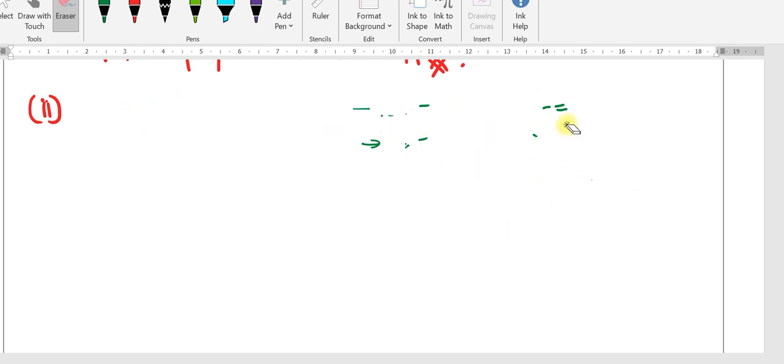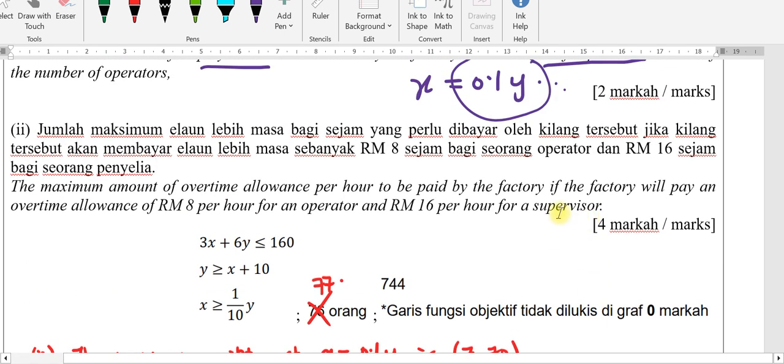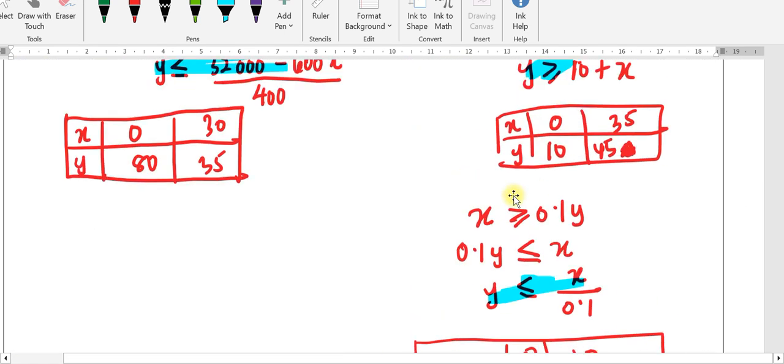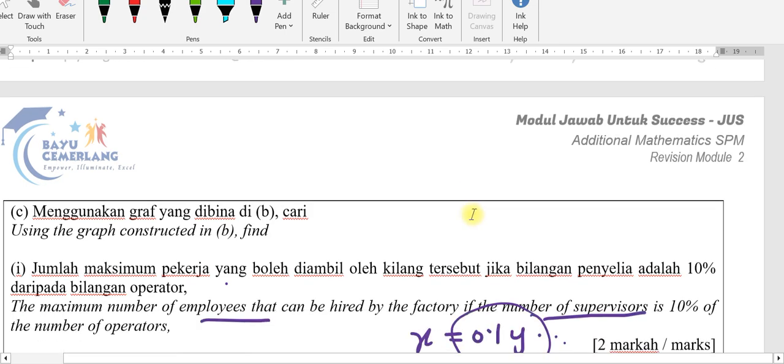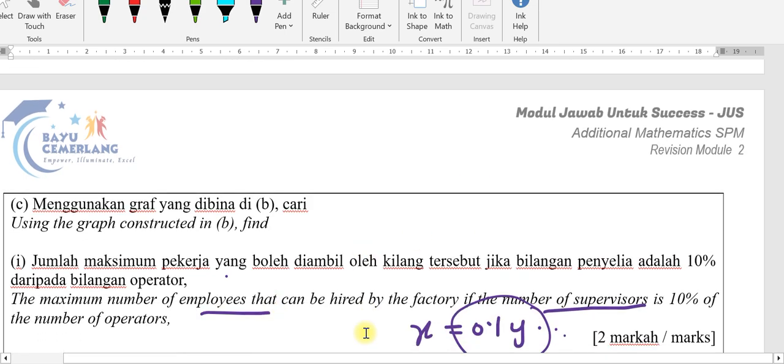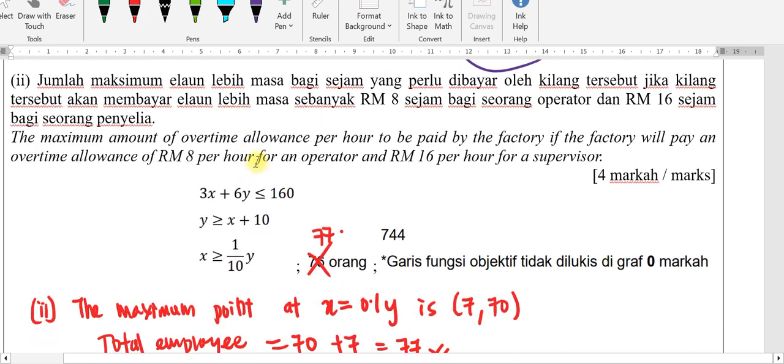In the question, they start with supervisor then operator. Dekat sini dia bagi operator dulu. Alamak, dia buat tricky macam ni ke? Okay. Tengok tengok betul-betul. Supervisor is X, operator is Y. Maksudnya dekat sini mana dia?